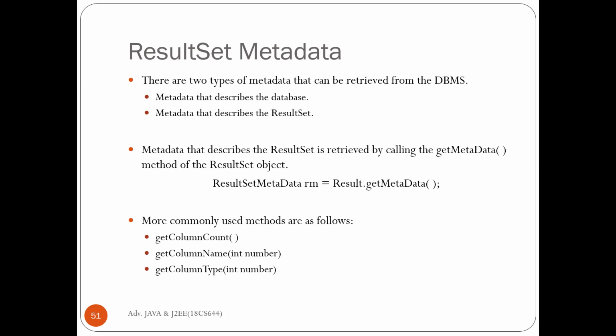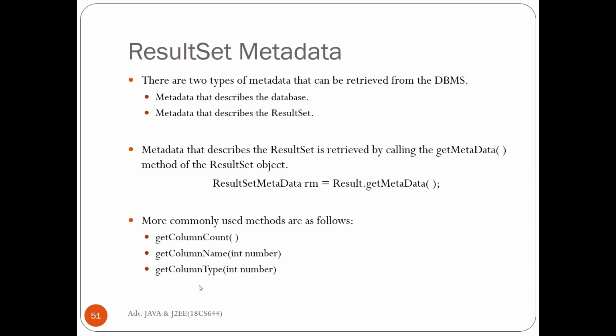Once the result set metadata is retrieved, again from the Java component, we can call some of the methods and extract the details, like getColumnCount. This will return the number of columns in the result set. Then getColumnName returns the name of the column specified by the column number. So we will pass the column number, and the column name will be returned.